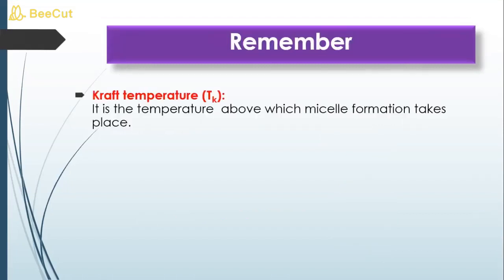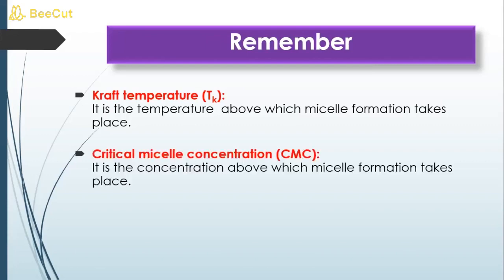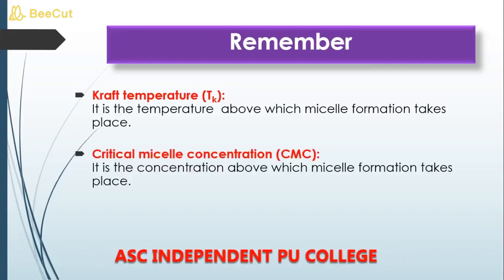There are a few more things you have to understand and remember. The first point is Kraft temperature. Association of colloids will not happen at all temperatures. There is a specific temperature for it to happen, and that is what we call Kraft temperature, represented by capital T subscript small k. The second term associated with micelles is critical micelle concentration.